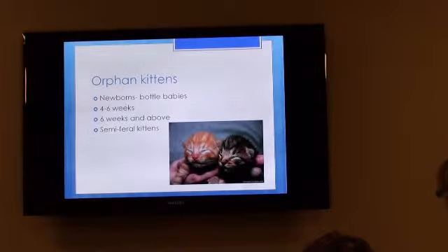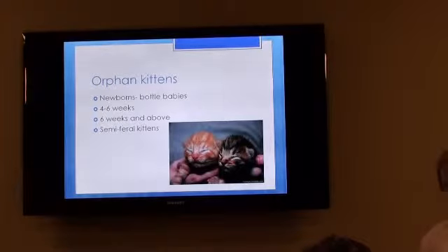And then we've got the semi-feral kittens. These are the ones actually that we're usually lacking foster homes for because they're more difficult, and we tend to get more of them because Paula is so good at catching them. Paula heads up this trap neuter release program, right?